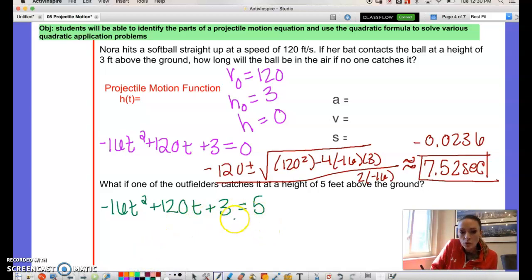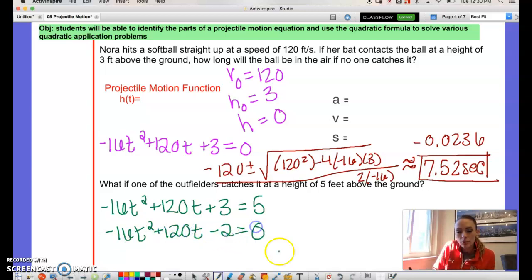For this one, of course, you'd want to move that 5 over to the other side, and you'd have negative 16t squared plus 120t minus 2 equals 0. Plug that into the quadratic formula and see how that comes out. If you're thinking about that in a real life situation, it should be less time than 7.52 seconds, right?